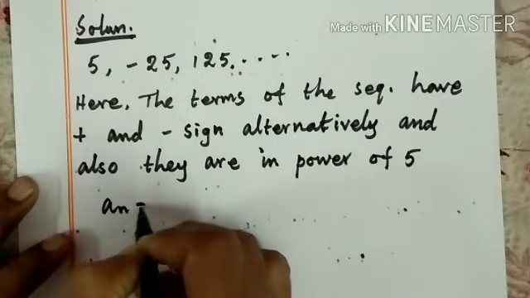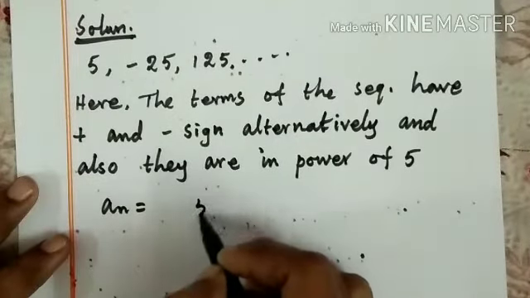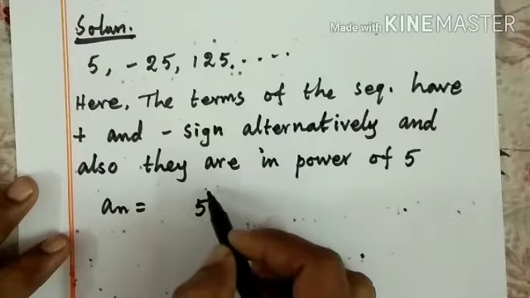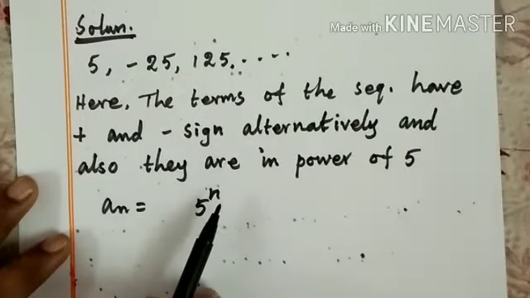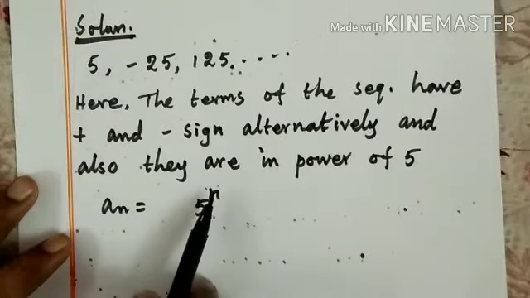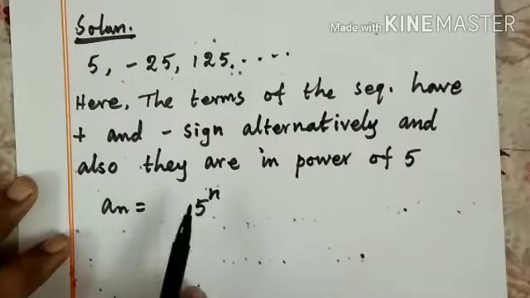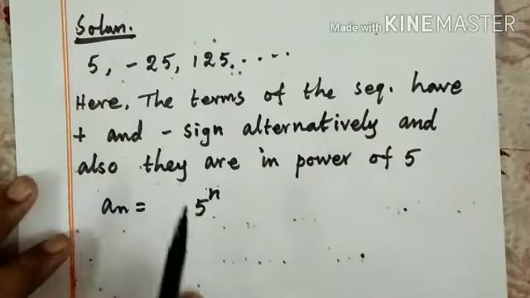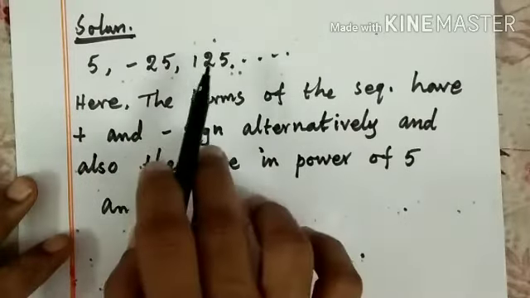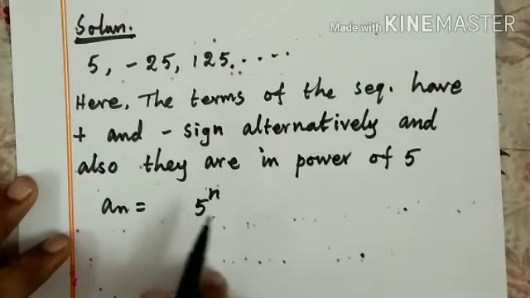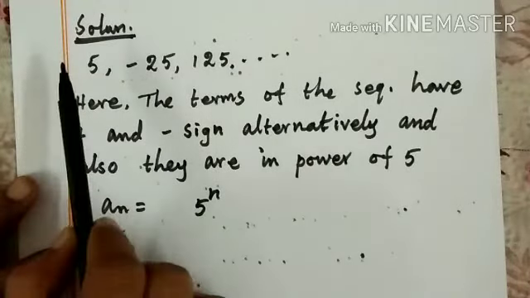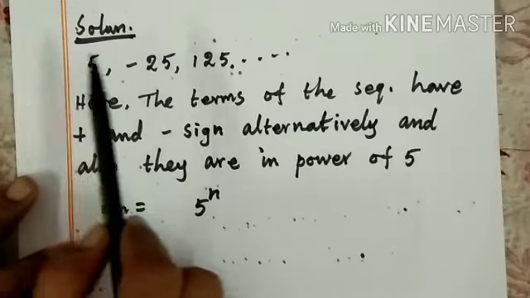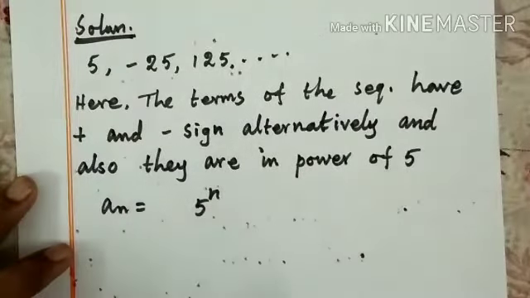a_n is equal to, first you have to write the power of 5, that is 5 power n. n always belongs to natural numbers. You put 5 power 1 means we get 5, 5 power 2 means we get 25, 5 power 3 means we get 125, like that going on. So next you have to observe the sign alternately, that is plus minus like that going on.